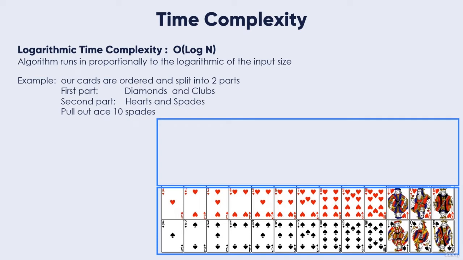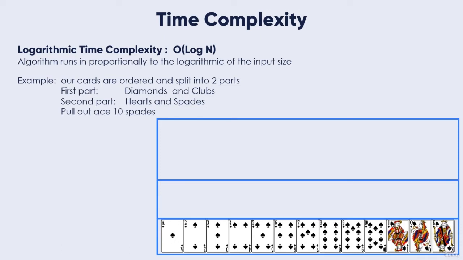Now, if they are ordered in the same way as the picture is showing us, I can remove all the red ones because spades are black. So I remove the hearts. So the spades are now 13. I have removed till now 26 plus 13, which is equal to 39.